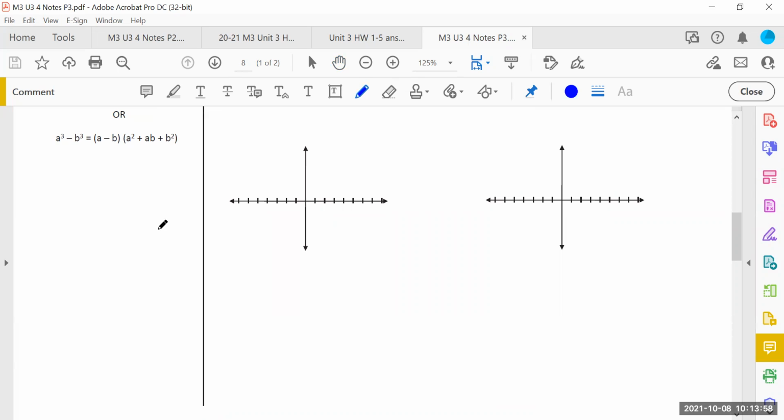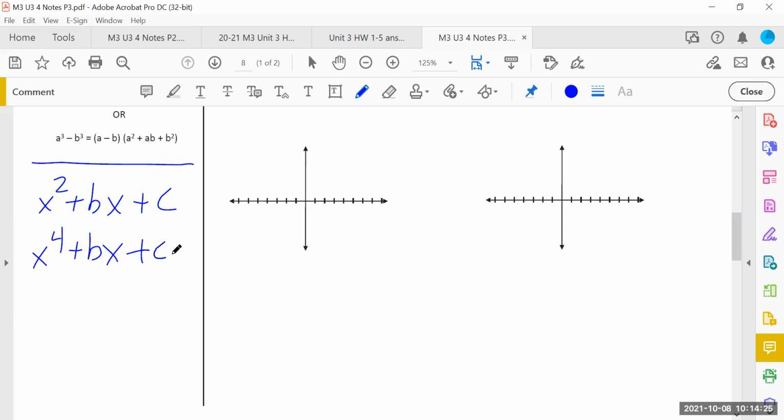If you have something that looks like x squared plus bx plus c, so where you would normally do trinomial factoring, what multiplies to c but adds up to b, but instead of x squared and x, it's x to the 4th plus bx squared plus c.